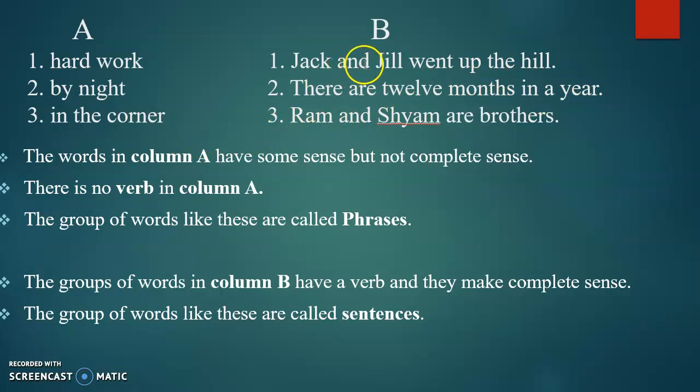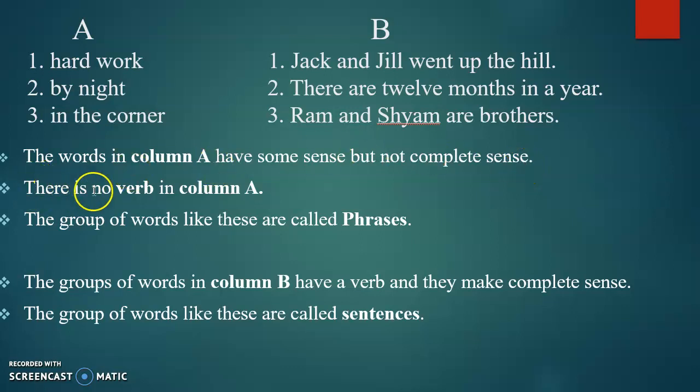And they also have verbs like went, and in the second and third the verb is are. And if we take the meaning, it gives a complete meaning. So we can say the words in column A have some sense but not complete sense.